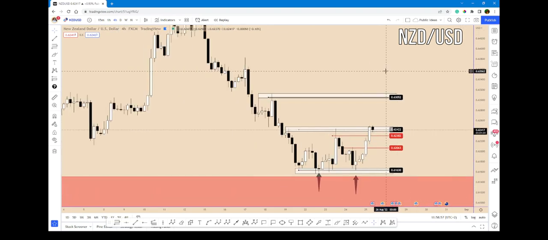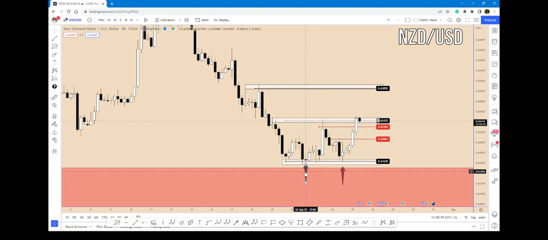And what do we see on our area? We had the first price retest, and we had the second price retest that lasted for several hours here. Look at how the price was stopped again.